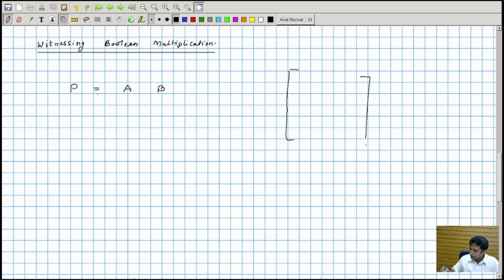If you look at the ijth entry of P, this entry is going to be 1 if and only if there is an entry in A and an entry in B which multiplies and gives you 1. In other words, P_ij is equal to 1 if and only if there exists a k such that A_ik is equal to 1 and B_kj is equal to 1.